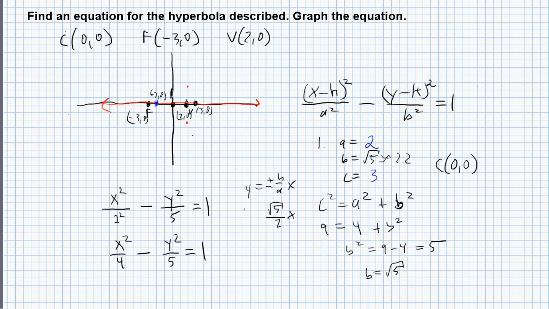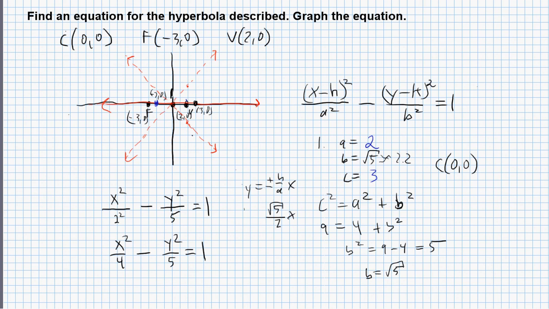That's going to allow me to now sketch in the asymptotes. We're not plotting points, so I don't need to label those points. They're just there to help us outline where the asymptotes are. Now, the asymptote is not a part of the graph, so I dash it.